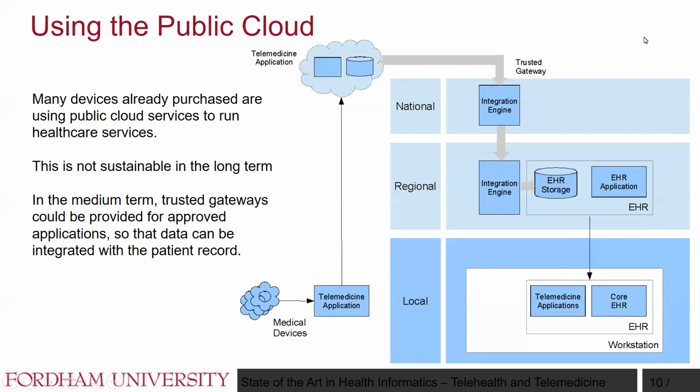So we suggested some architecture of a national gateway to try and integrate with the existing cloud services which were being used, and also not shown in this slide, to try and bring in a virtual private network for the health service of Ukraine, and to run cloud services within that if it was necessary indeed to run cloud services at national level, and try and bring that integration actually down to the regional level, so that in the future the devices connecting from the Feldsher station through virtual desktop infrastructure could actually then connect directly to the servers running at the regional level, rather than to third-party cloud services.